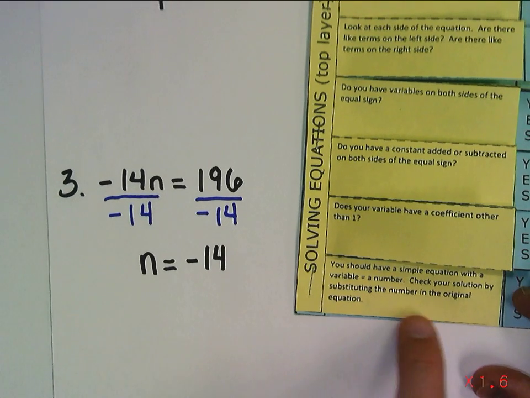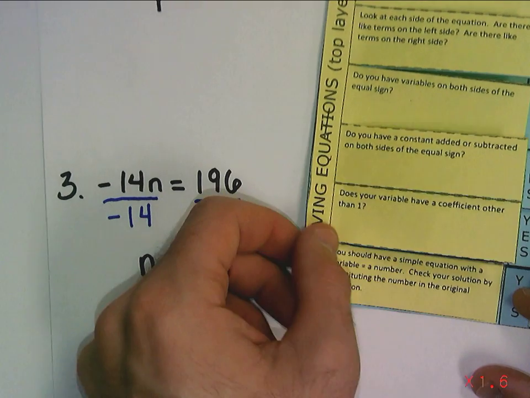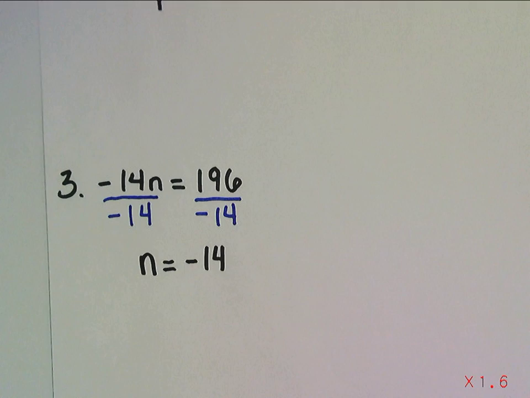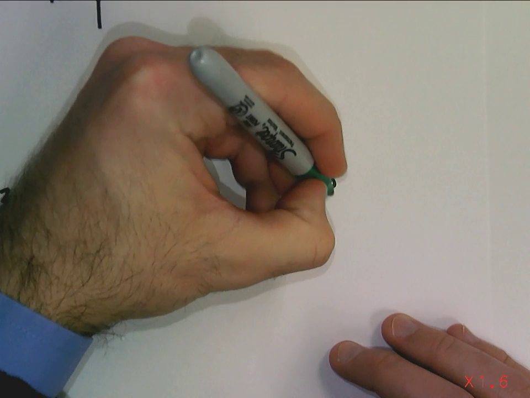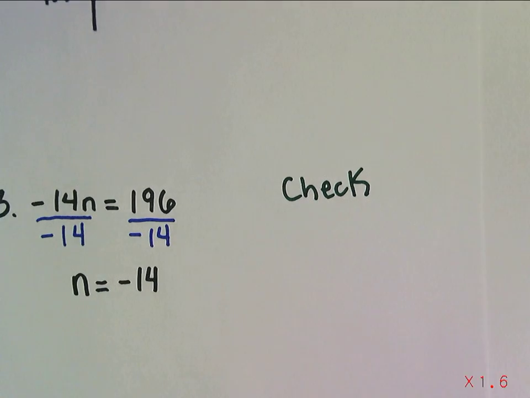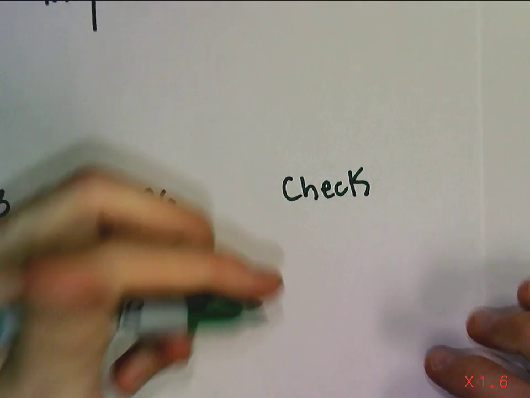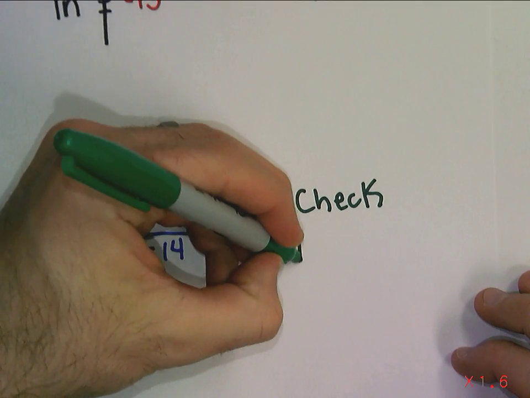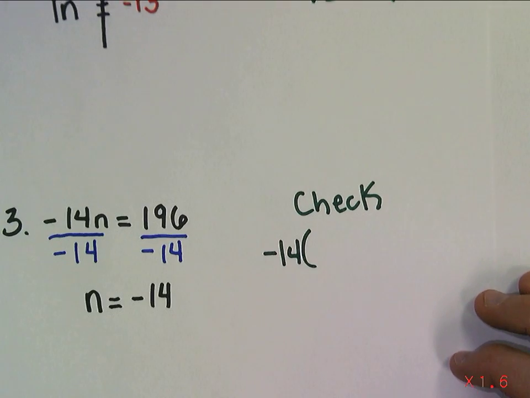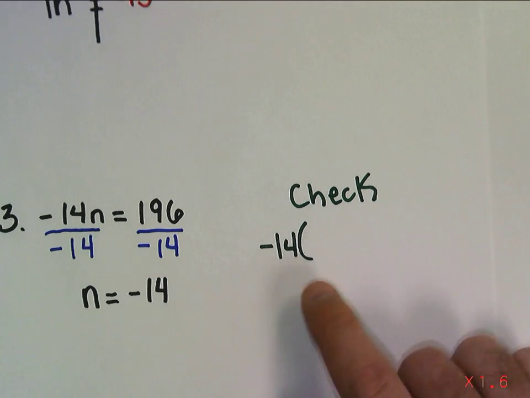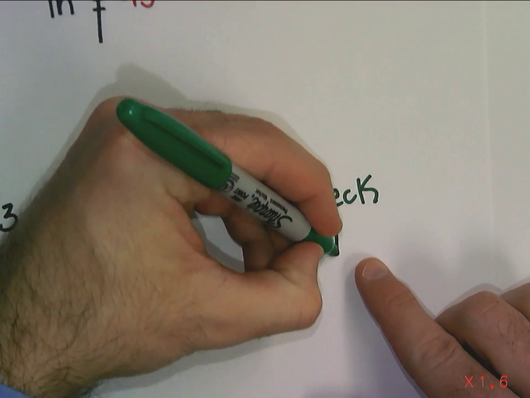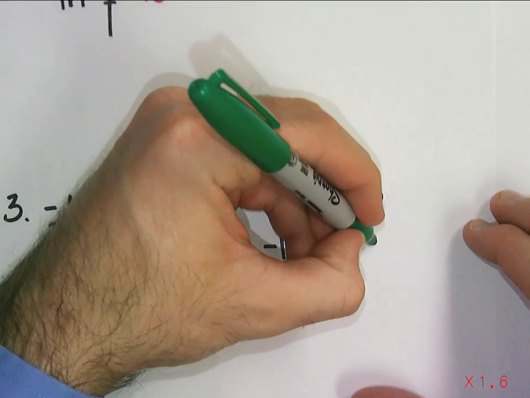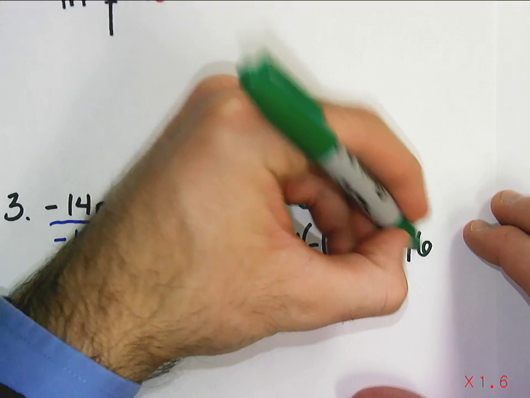Check your solution by substituting the number into the original equation. So let's do our check again. It's our discount double check. So negative 14, there's multiplication when there's a number next to a variable, so I'm substituting this in. So negative 14 times negative 14 equals 196.